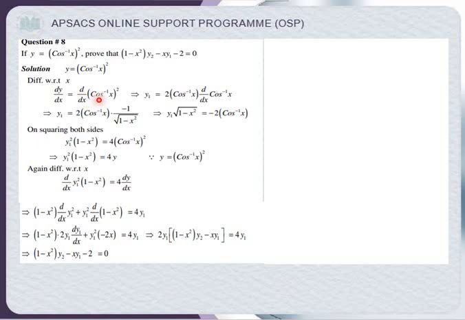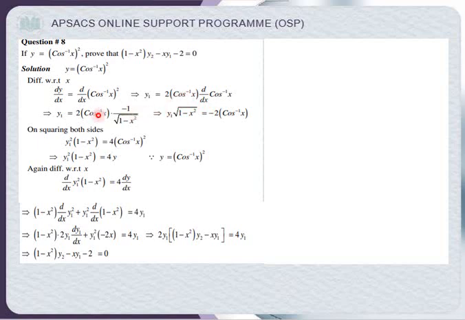Now again I am repeating with the laser pointer. First you write the power at the bottom, then decrease the power by 1 from the original function, so 2 minus 1 is 1, and then the derivative of what is under the power. This is the power rule. Okay.